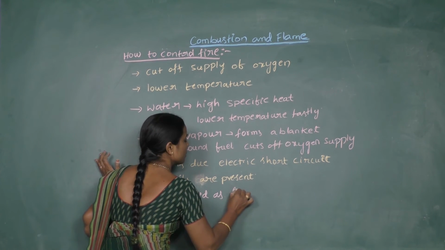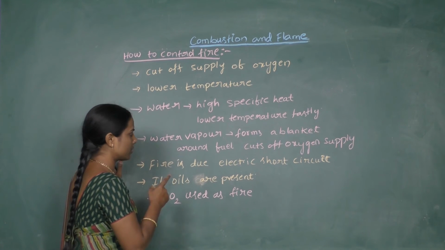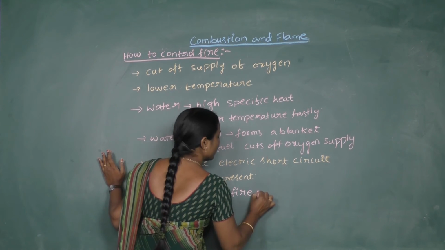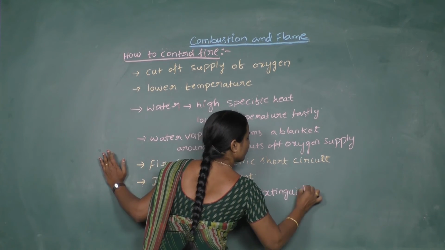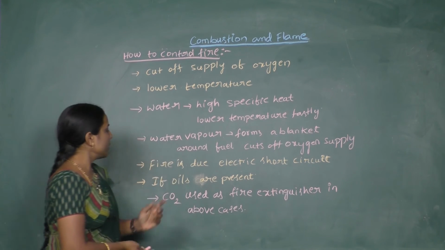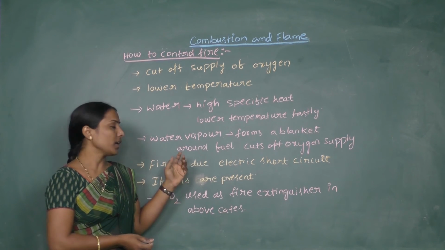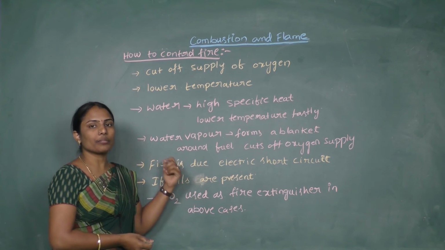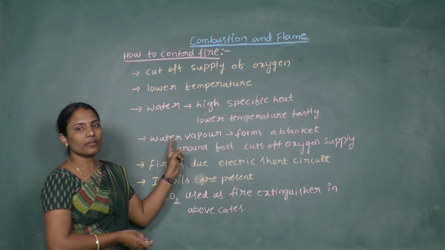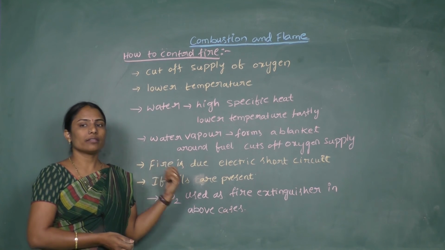So if the fire is raised either due to electric short circuit or if oils are present as fuels, in both these cases, instead of using water as a fire extinguisher, use carbon dioxide as a fire extinguisher.